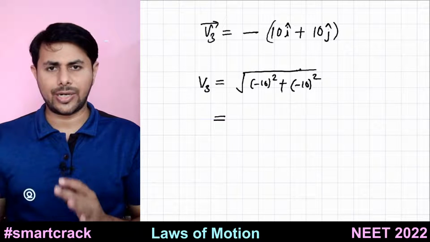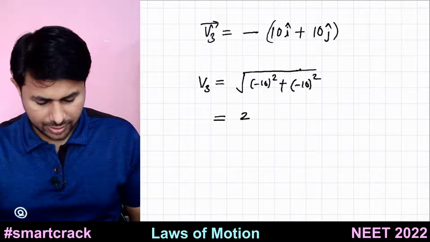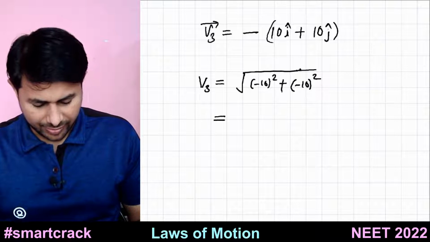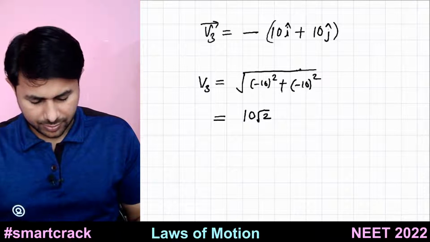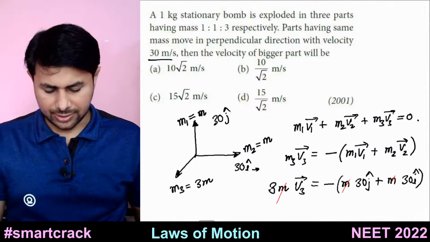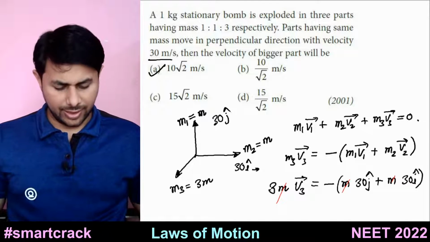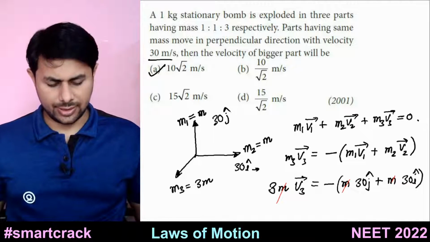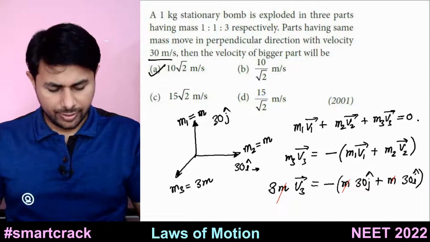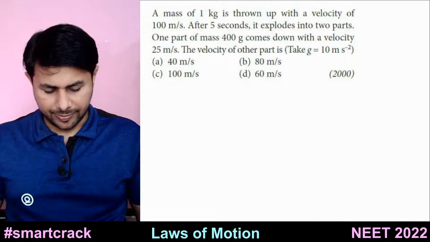So square root of 200, sorry, root 2 times 10, 10 times root 2 meters per second. This should be the answer. So option A is the answer. All right. So again, this was a similar problem based upon the law of conservation of momentum.